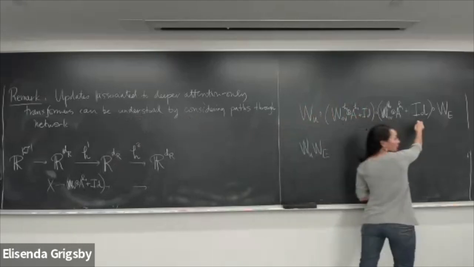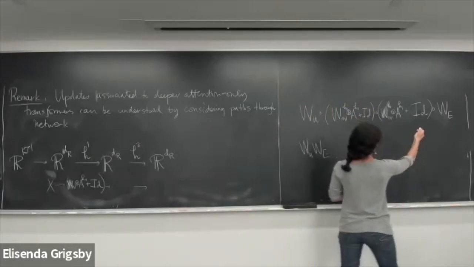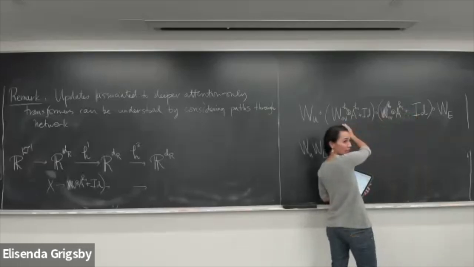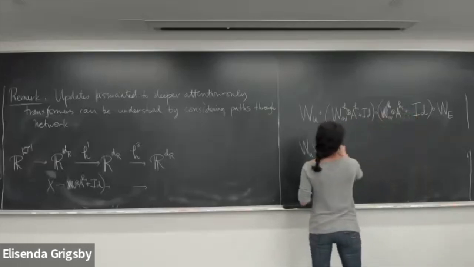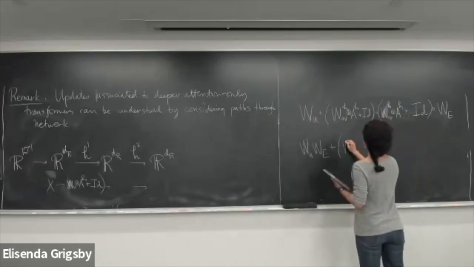That's where you're factoring through the identity in each of these terms. Then you have the terms where you factor through the identity in one of them, but then the attention head in the other. These are where the skip trigram statistics show up.